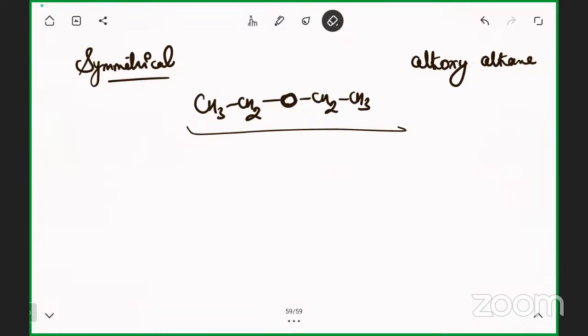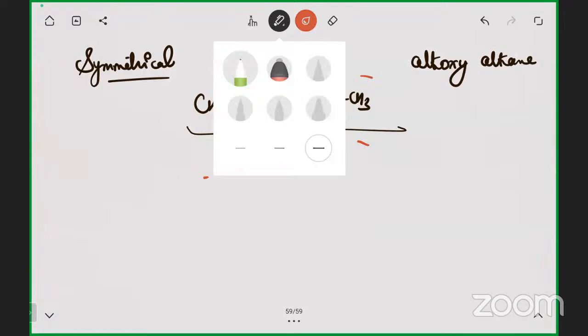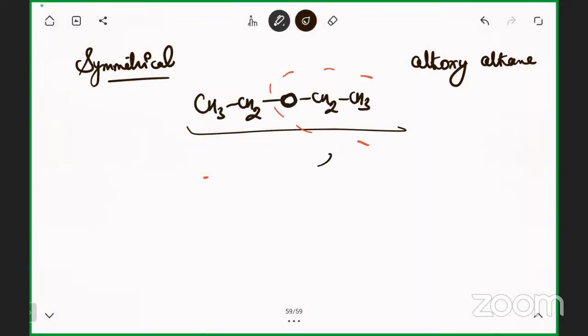On the other side you will take the alkane portion. Since on either side I have the same group, CH2, CH3, we can take it with any of the two, so there will be no change. The name will be ethoxyethane.